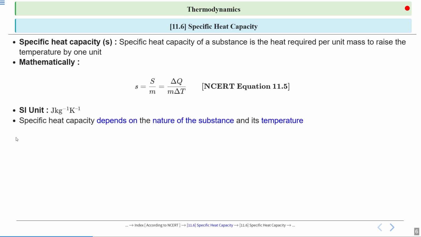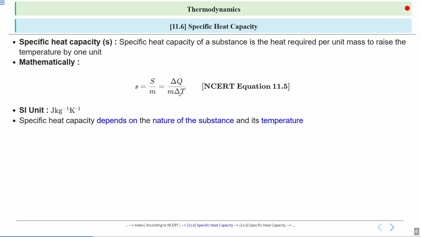Specific heat capacity depends on two things. First, the nature of the substance, and second, its temperature. It means if the nature of the substance or the temperature is changed, the value of the specific heat capacity will also change. So look here, NCERT equation 11.5.